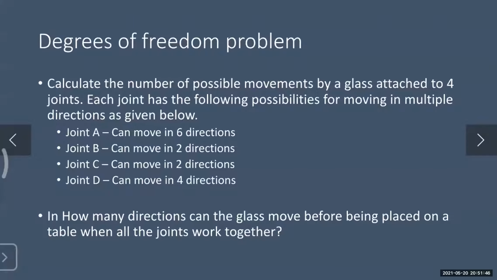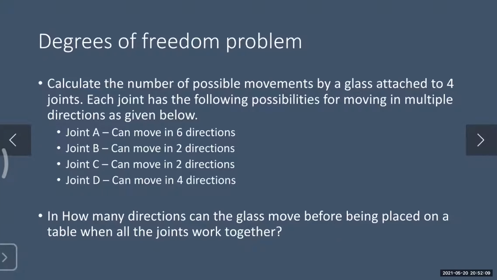Now, what I want you to do is a simple calculation, all right? We are going to take a glass. In order to take a glass, we have approximately 4 joints which altogether work, right?